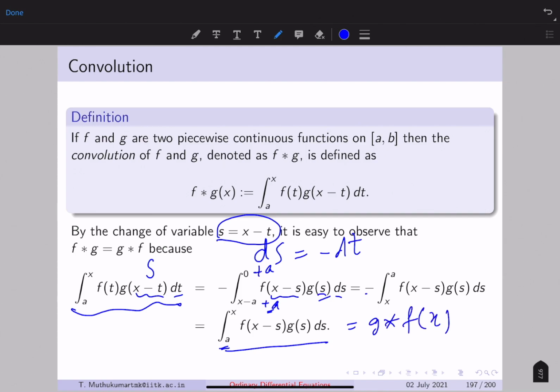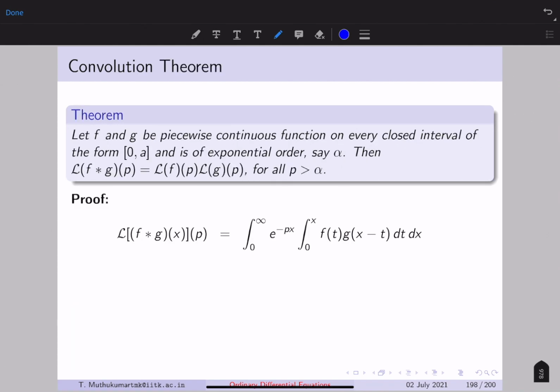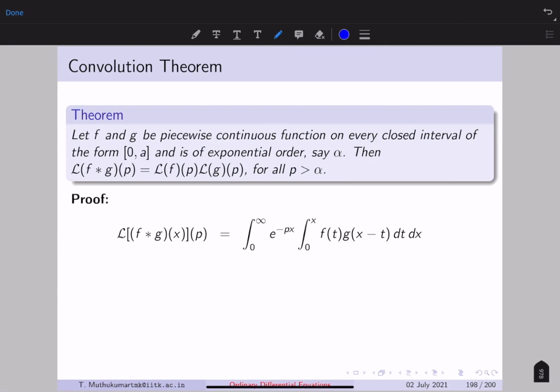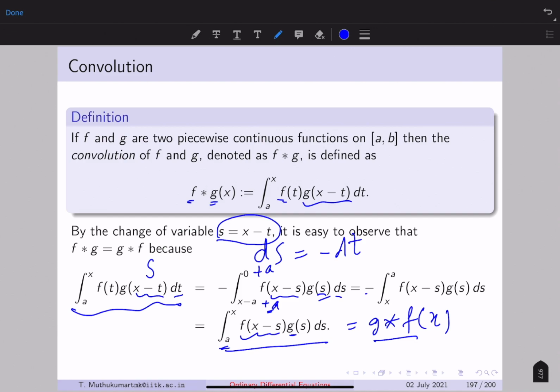Whatever comes first, whatever comes second comes with translation. So we have shown that it is commutative. We have given the notion of convolution, and we have shown that this binary operation satisfies the commutativity property.